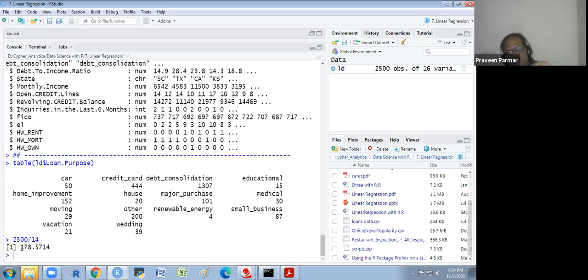So I am taking the variables which have more than this frequency: 200, 444 and 1307. Others are lower than this mean. If the frequency is low, it will not make much impact. We are not removing them. We are using them as a base category.